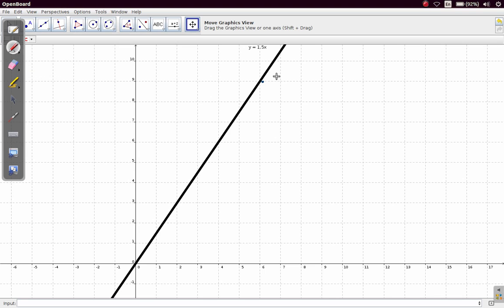Let's say we have this point, with our x and y, and we have this point, with our x and our y. Let's say this is point 1, so we have x1, y1. This is point 2, so we have x2 and y2.